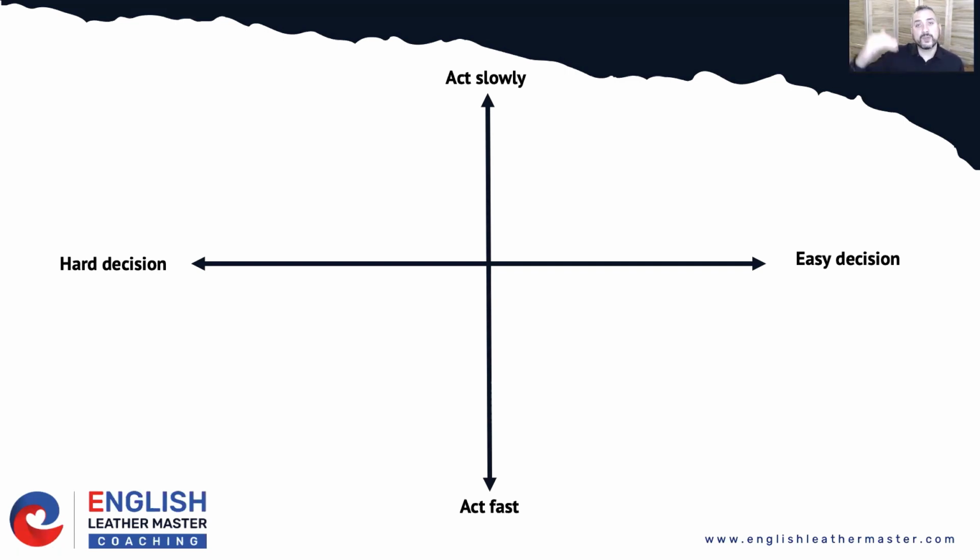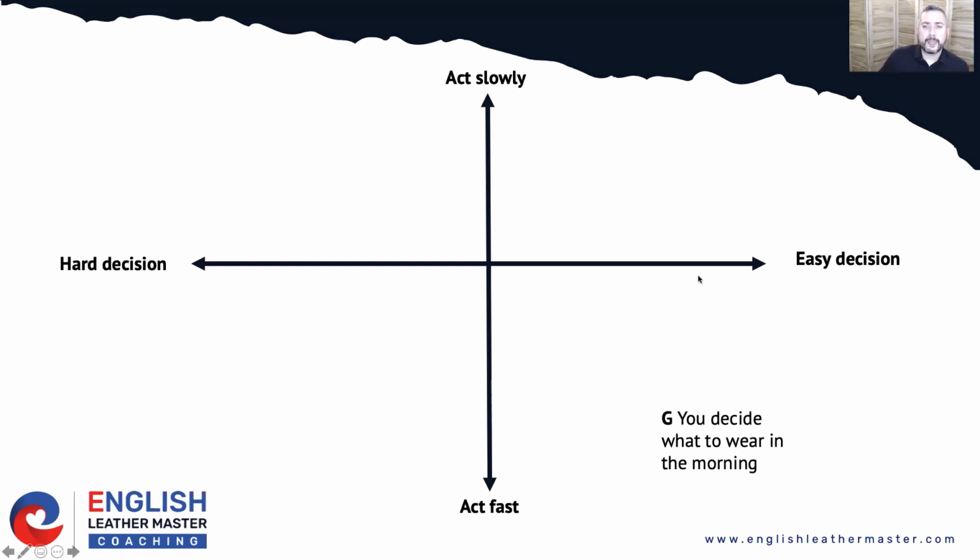And at the same time, we're going to place it on an acting slowly to acting fast continuum, going vertically. Now, there is no right or wrong answer, and you can argue in all ways, but I just want you to get a broad idea of what's going on with this framework by looking at this.